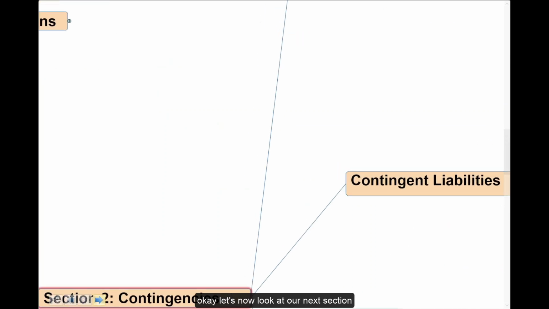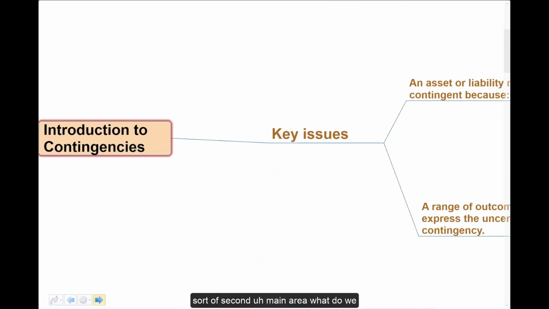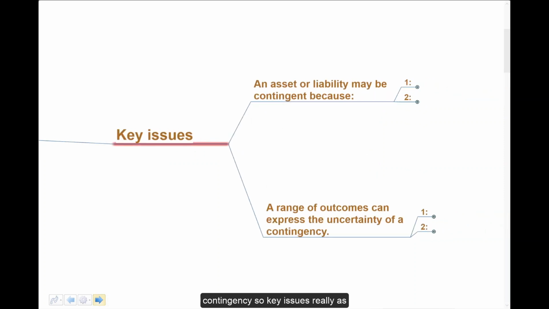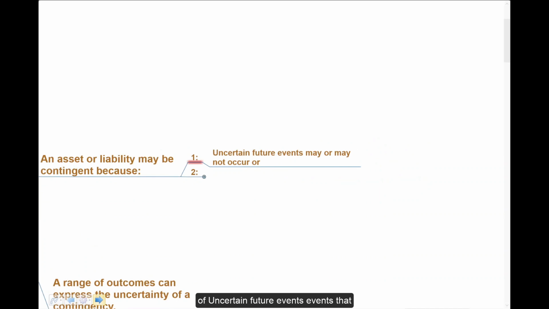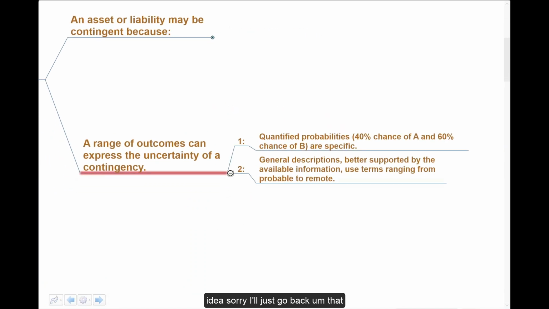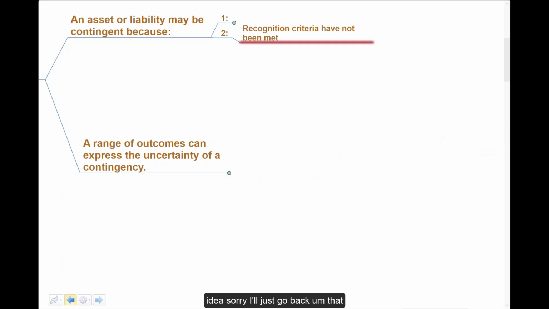Okay? Let's now look at our next section, contingencies. So this is, I guess, our second main area. What do we mean by a contingency? So key issues really as follows. A contingency could be an asset or a liability that is contingent because of uncertain future events that may or may not occur, or possibly that the recognition criteria have not been met.